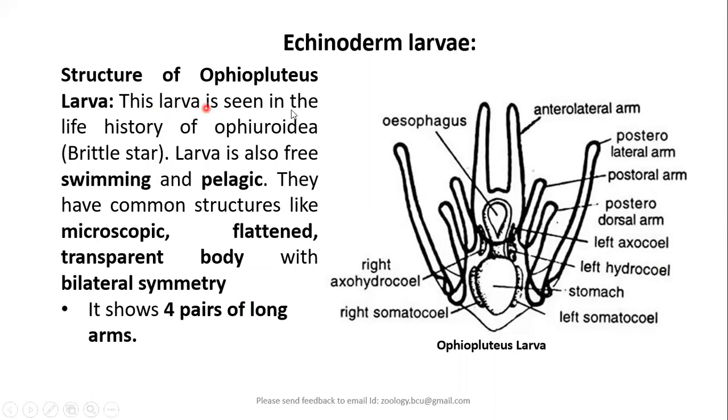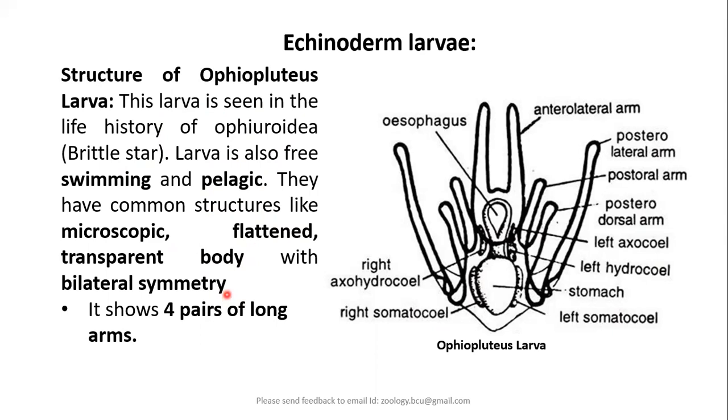Then coming to the structure of Ophiopluteus larva, as we all know, this larva is seen in the life history of Ophiuroidea, which is nothing but brittle star. The larva is also free swimming, pelagic. They have common structures like a microscopic flattened body, which is transparent with bilateral symmetry.